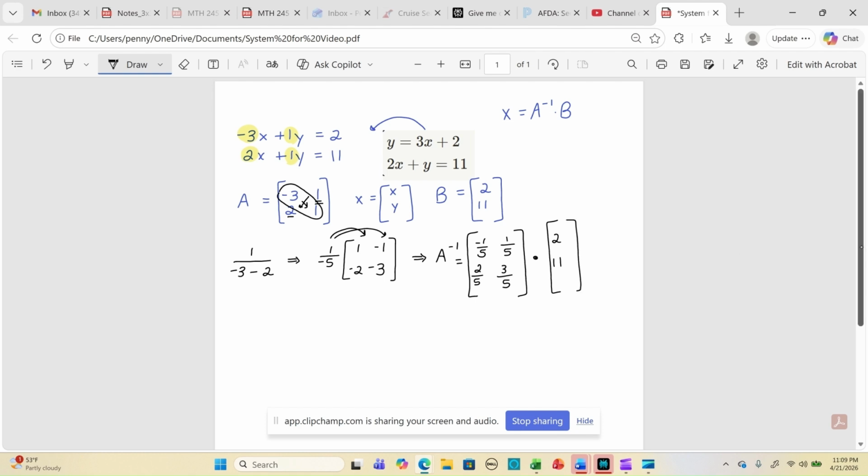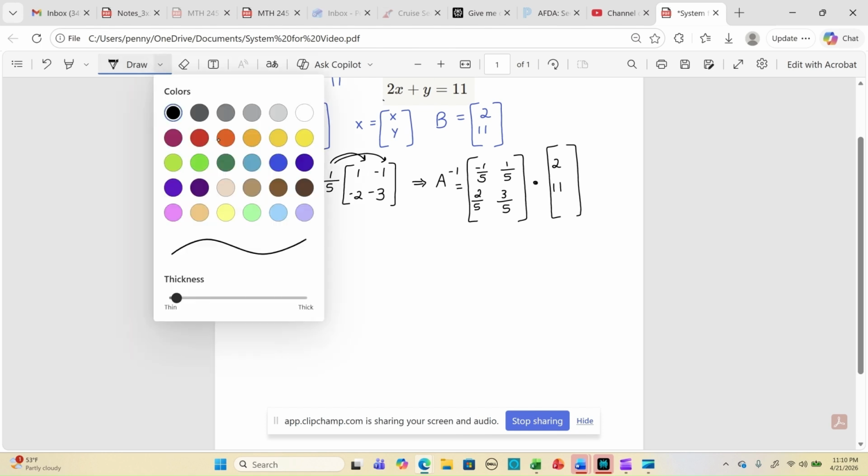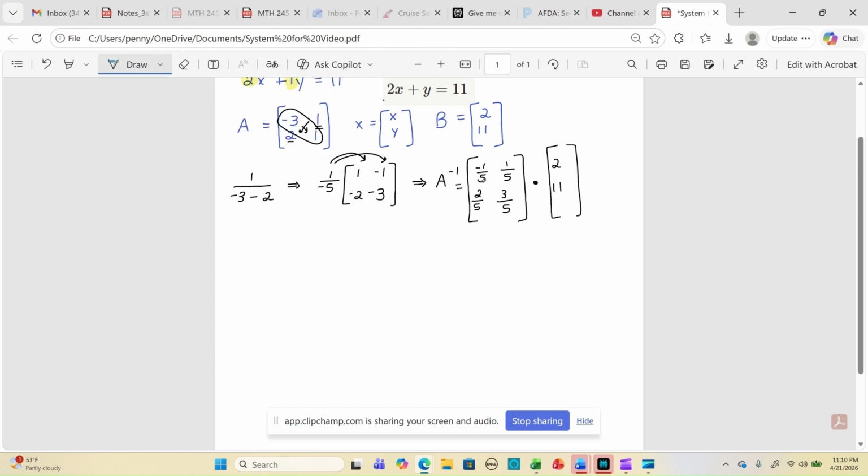All right, now let's do that matrix multiplication, which says row times column. So I'm going to have row 1 times our column, so that's negative 1/5 times 2 plus 1/5 times 11.